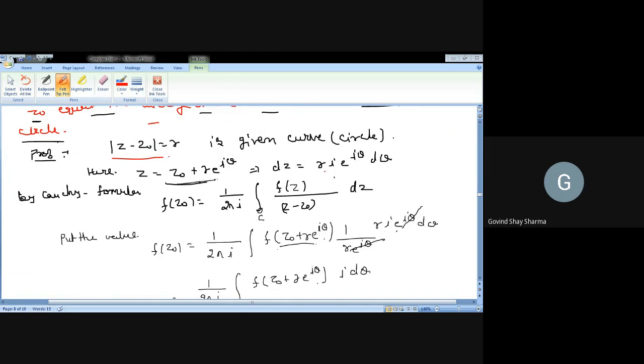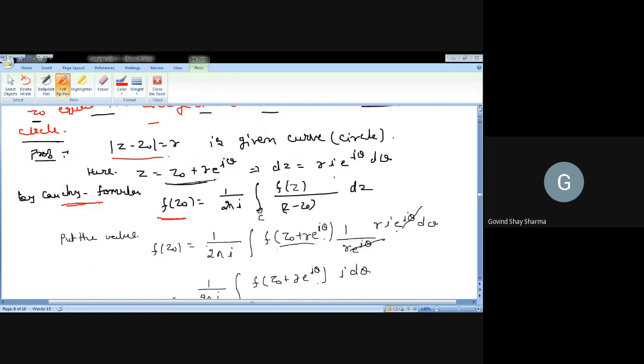So dz = r i e^(iθ) dθ. So f(z0) by Cauchy formula is f(z0) = 1/(2πi) ∮ f(z)/(z − z0) dz. So we put this value in the Cauchy formula.